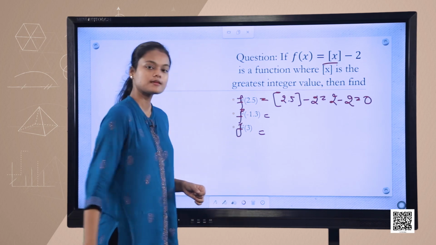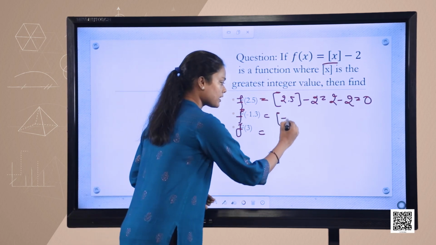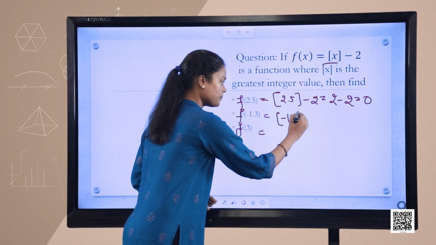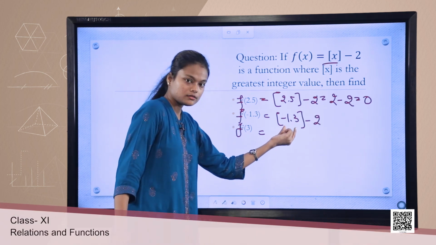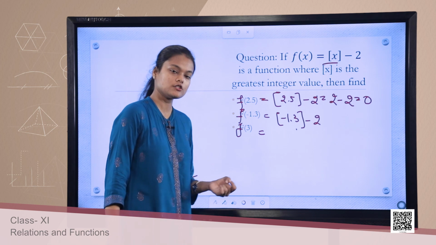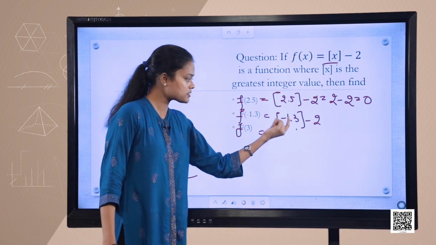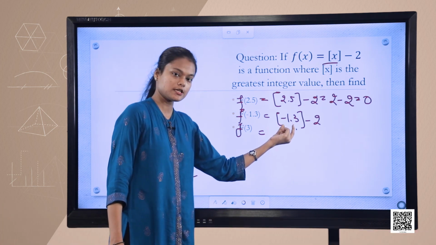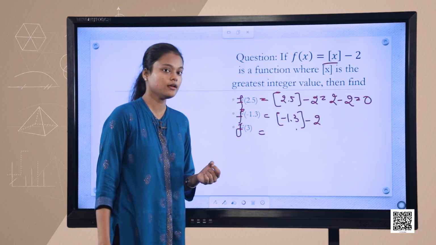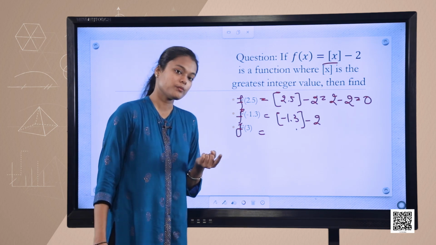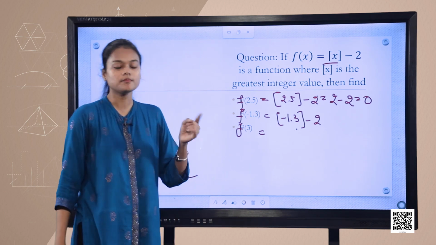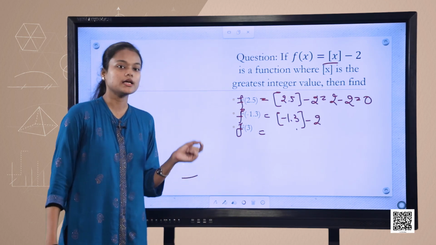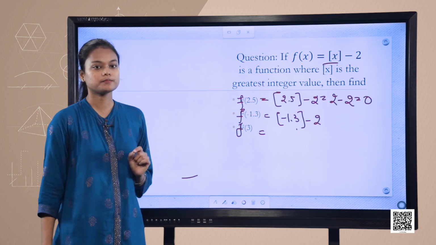Now in this case, -1.3. What will be the value of this greatest integer? What will be the integer associated with this? It will be -2, because -1.3 is lying in the interval -2 to -1.